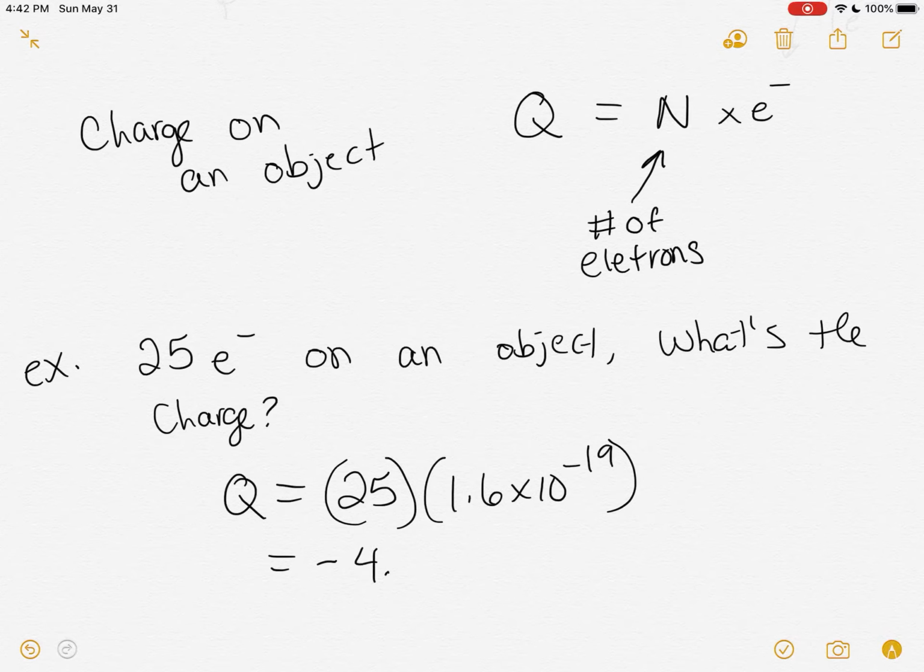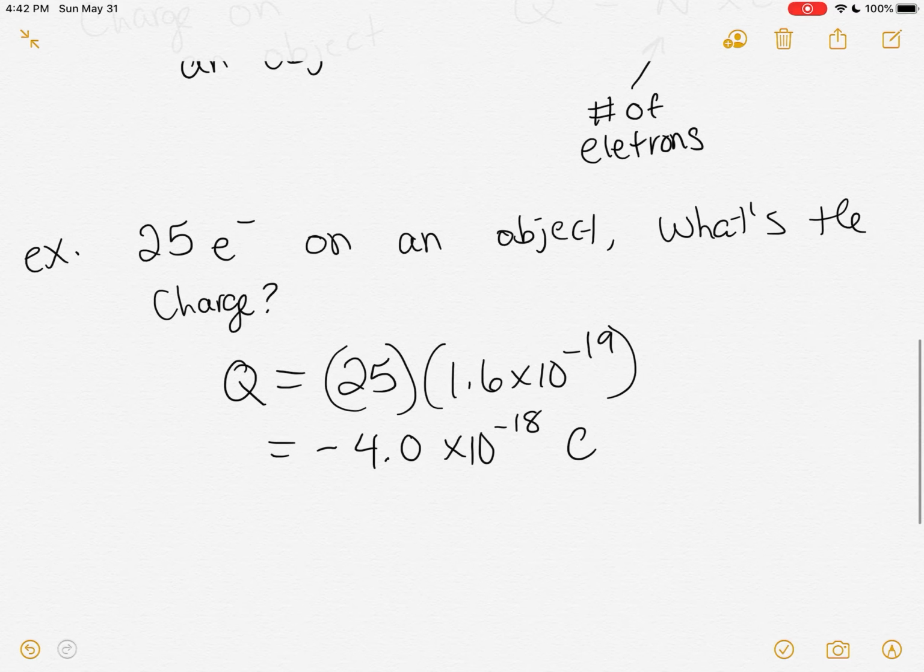And so that's going to give us a charge of negative 4.0 times 10 to the negative 18 coulombs. There's no need to put the negative charge in with the charge on an electron, only because if all you have on an object are 25 electrons, then you're going to have a negative charge on that object. So that object has to be negatively charged because it only has those 25 electrons.